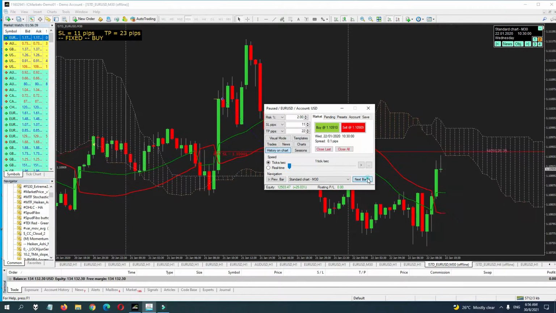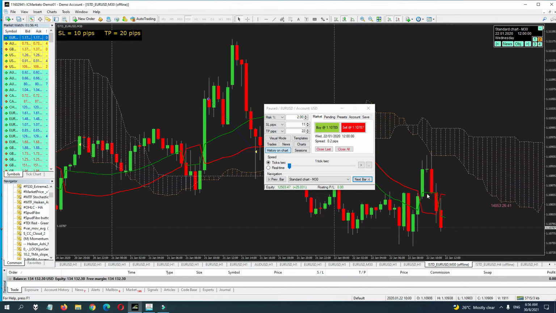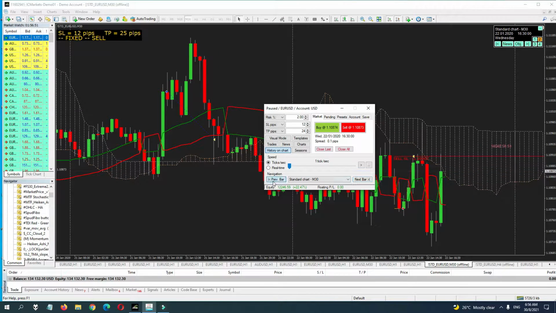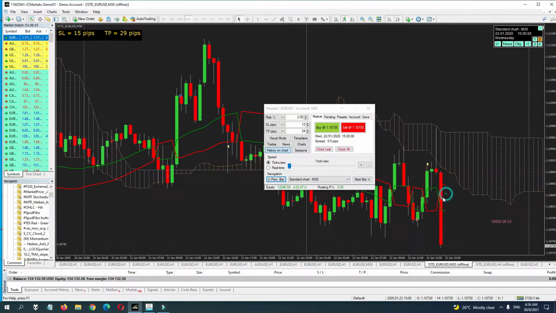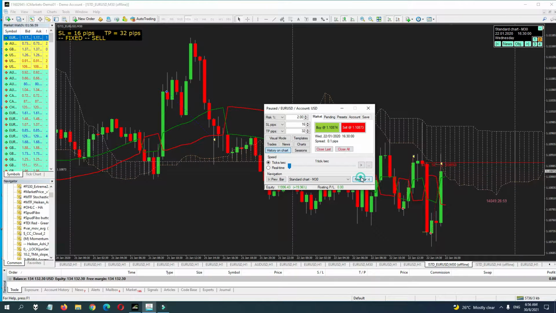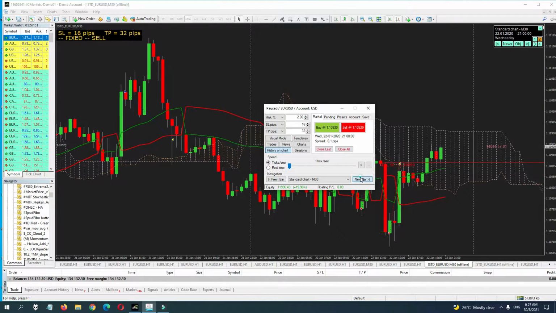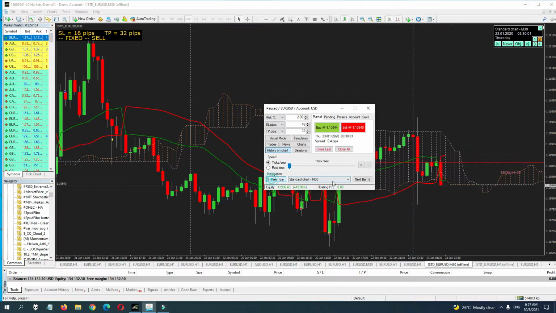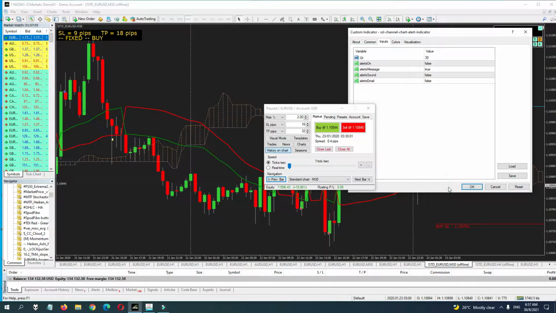Okay, you start losing now when it's ranging. Price below the cloud, so we enter here.